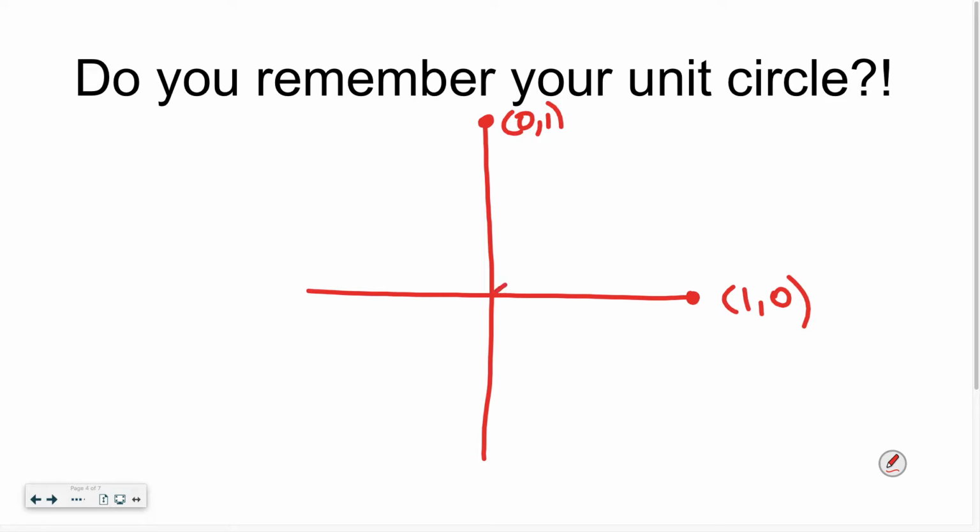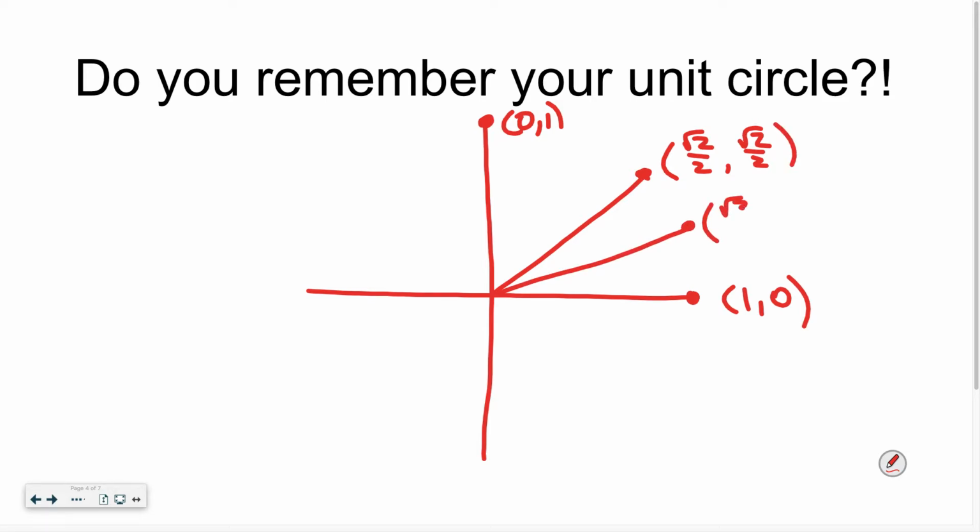Okay? Pi over 4. Pi over 6. And pi over 3. Okay? Don't forget those coordinates. You're going to need them. Okay?